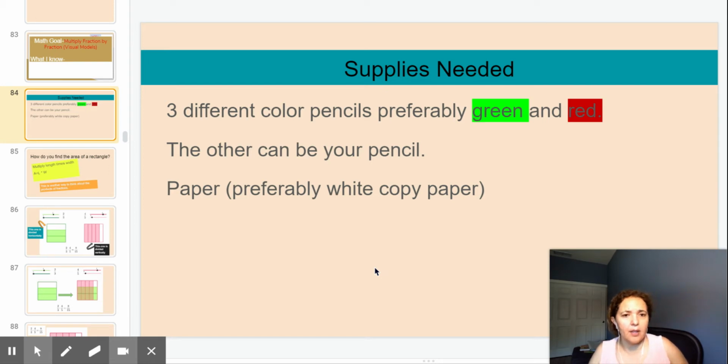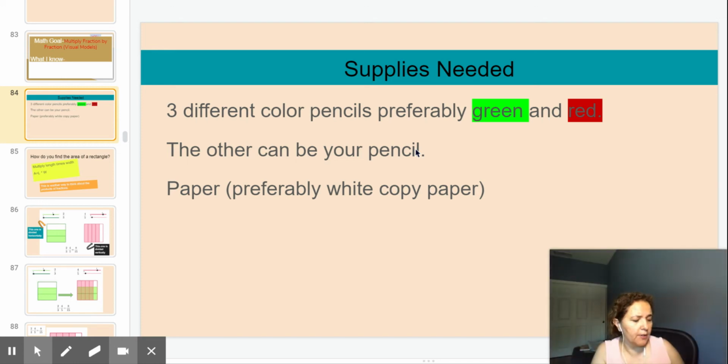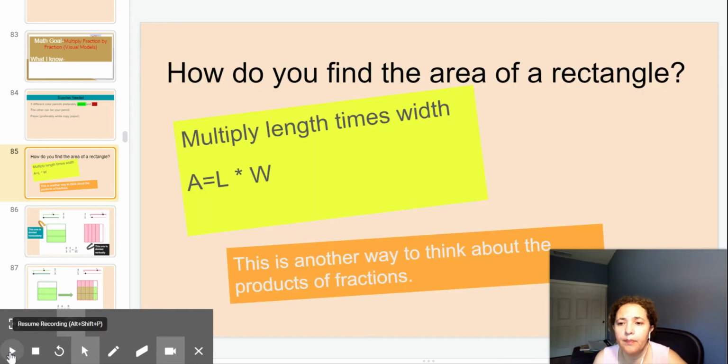That's what I used for this lesson. Or you can just use your pencil, but you do need 2 different colors, like green or red. I think if you use the green or red, it'll be easier so you won't get confused. And you can use a plain white copy paper for this. Okay. All right. So let's get started.